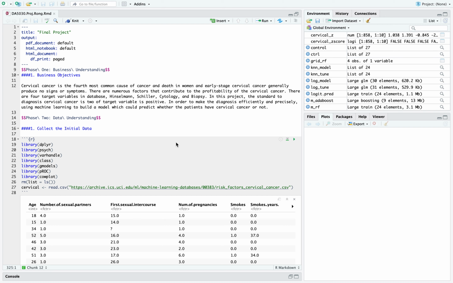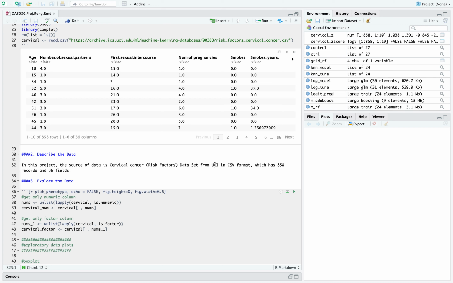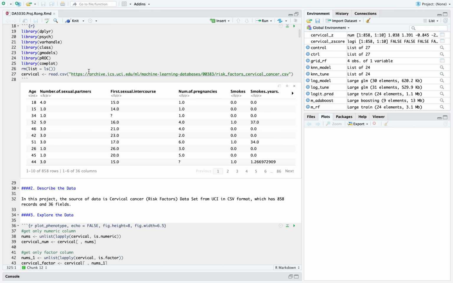I got my data set from the UCI Machine Learning Repository, which is about cervical cancer. There are almost 900 records and 36 fields in my data set, and most of them are numeric and factor variables.